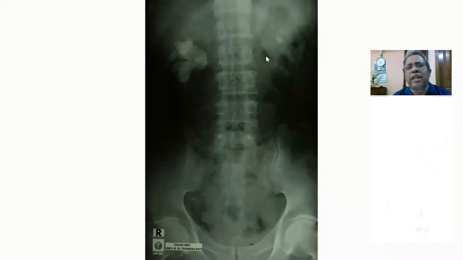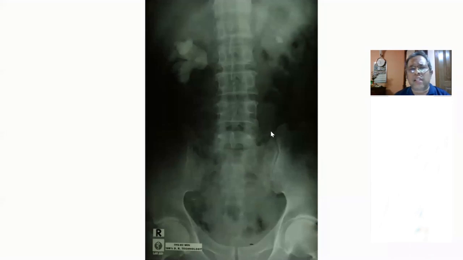On the left side, there is a radiopaque shadow, which is lying on the left side at the level of lumbar 1 and lumbar 2 vertebra, far away from the transverse process. And no other radiopaque shadows are seen in the ureter.